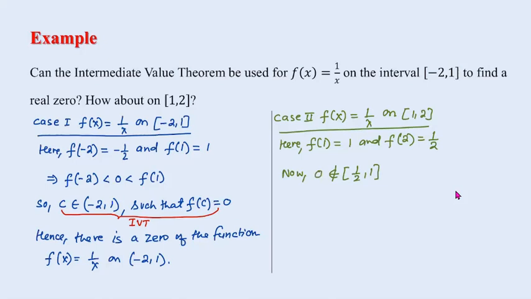So meaning of that is, if I want to write something like this, f of 2 is less than 0, is less than 1, this is not true. If 0 is in between the two function values, then we can say that we have the 0 in that particular interval.